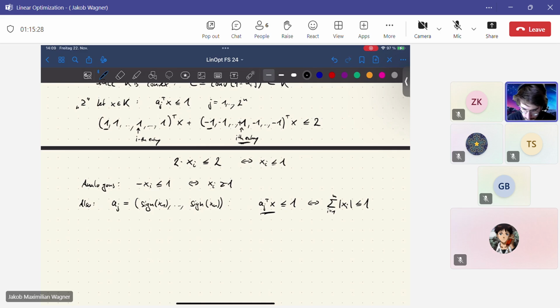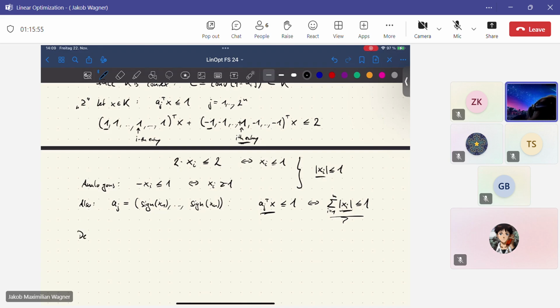What do these considerations help us now? So we have this condition here, and from those two above, we actually get that again the absolute value of x_i is less or equal than 1. And so we can just define these absolute values as some coefficients in a convex combination.